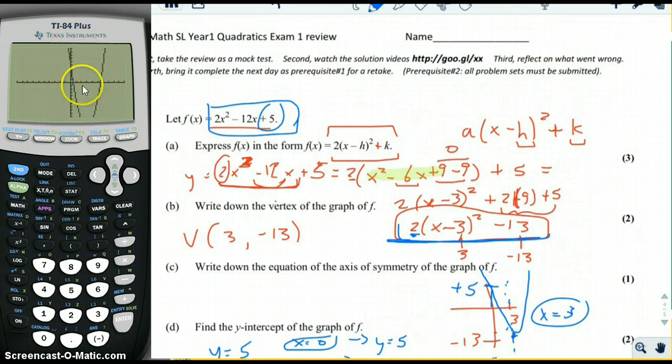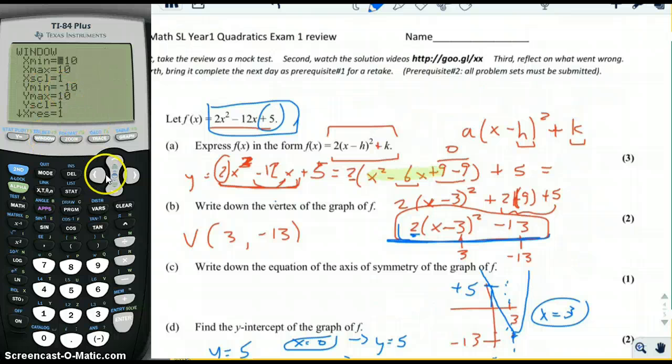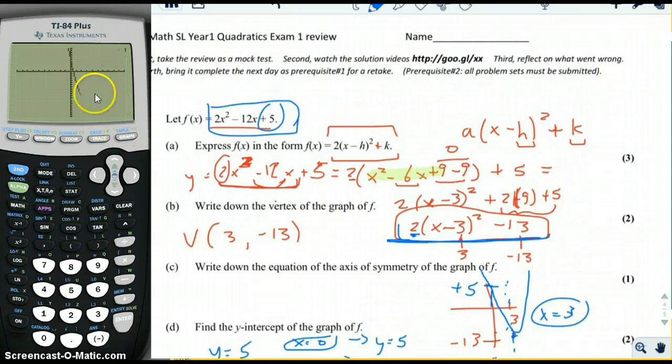Okay, so now the parabola is coming out. And we don't see the bottom of it, so we need to adjust a little bit. If we were just down maybe like 5 or 10 more units, I'll go into window. I'll change y-min. Instead of negative 10, I'll put negative 20. Now we should be able to see the vertex. Yeah, we can.